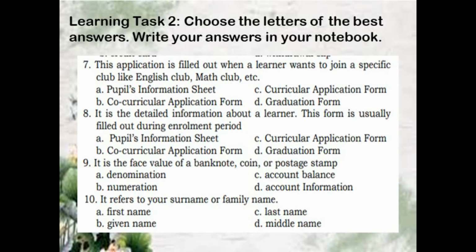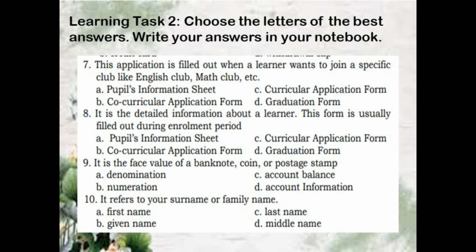This application is filled out when a learner wants to join a specific club like English club, math club, etc. A. Pupils information sheet. B. Co-curricular application form. C. Curricular application form. D. Graduation form.